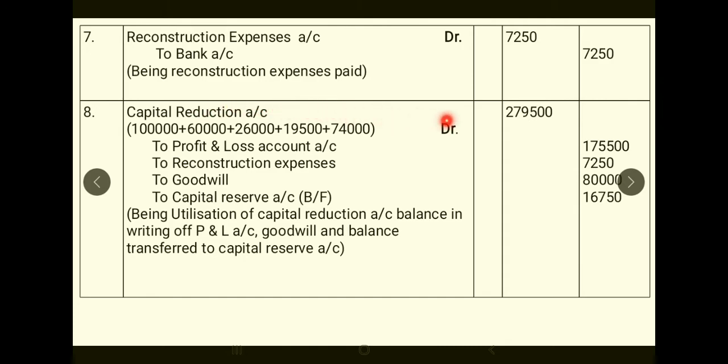Capital reduction account debtor. So from all the different journals, you will have to take capital reduction account balance. So from the first entry 1 lakh, from second entry 60,000, from third entry 26,000, 19,500 from 4th entry, 74,000 from 5th entry.